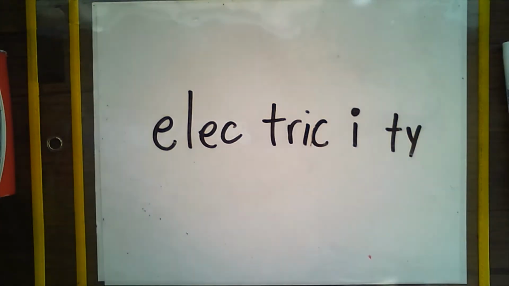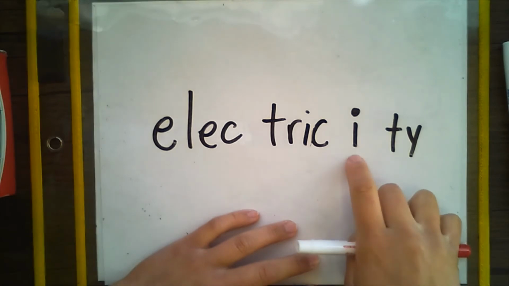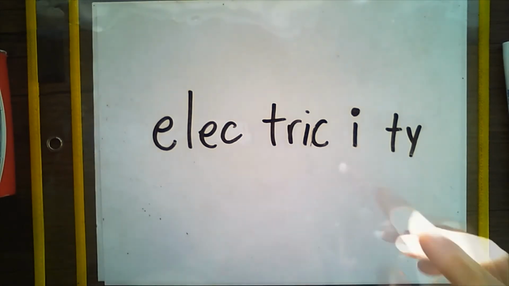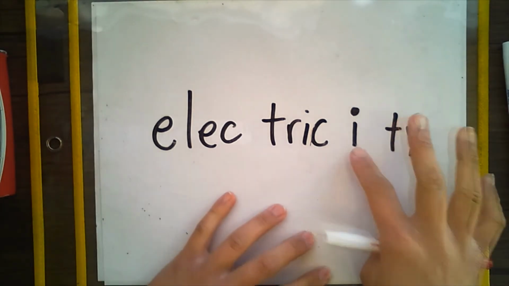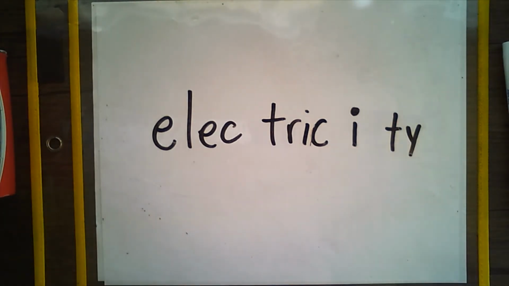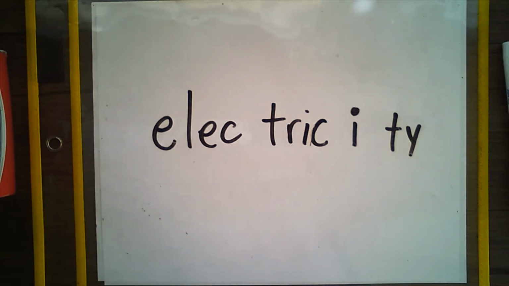So, my friends, you'll notice that for the word electricity, the I is actually a short I. Sometimes we have to be flexible about our rules. So again, we said that usually when a syllable ends in a vowel, it's typically a long sound, but as great word wizards, we are learning to be flexible.